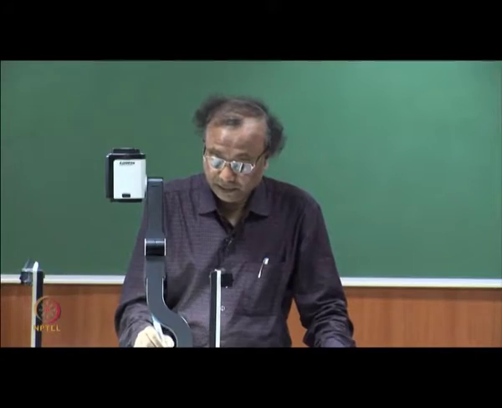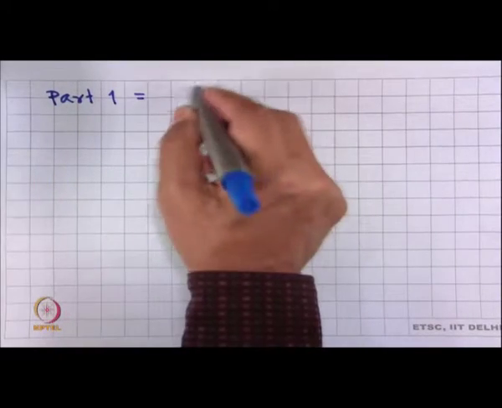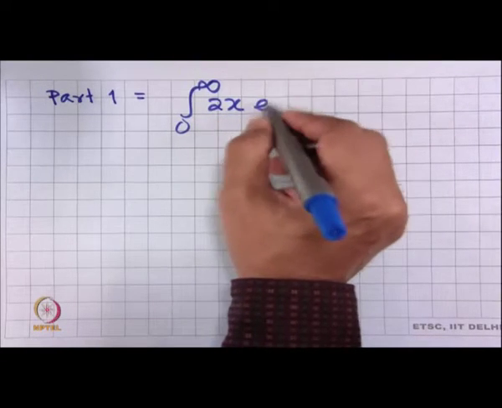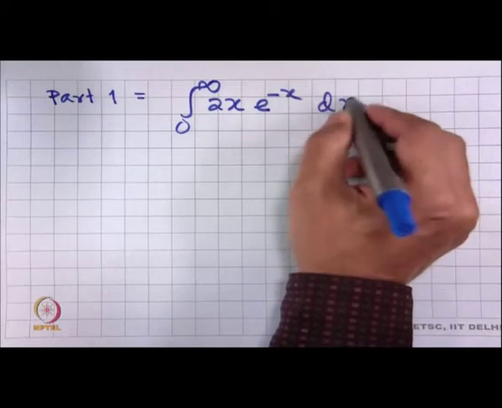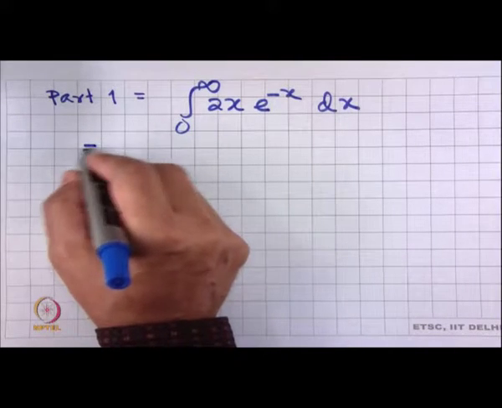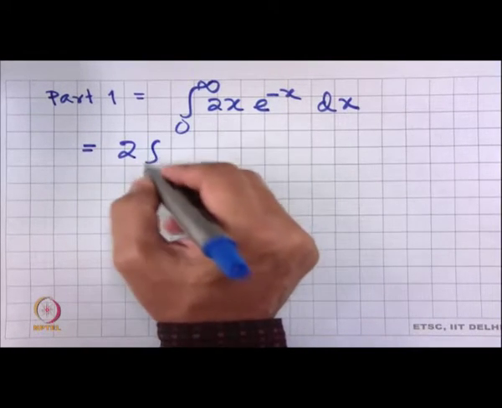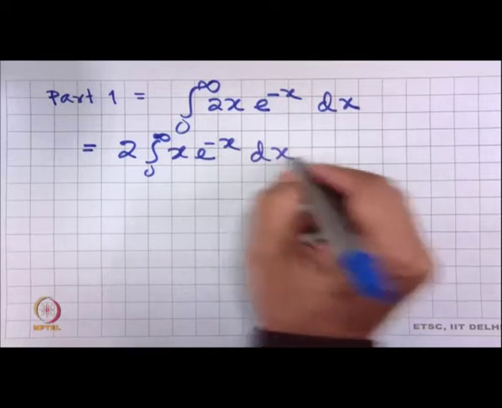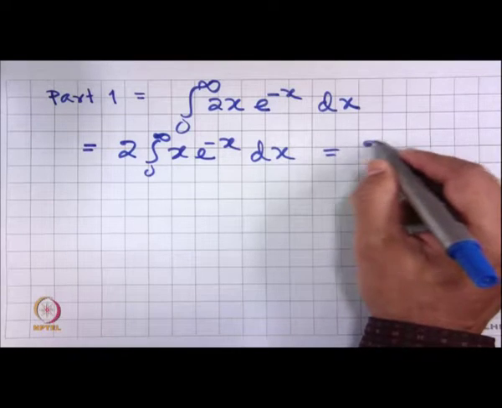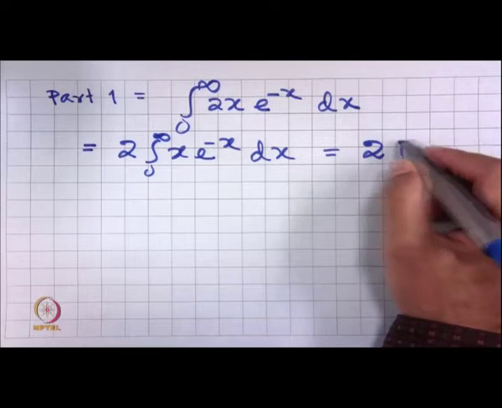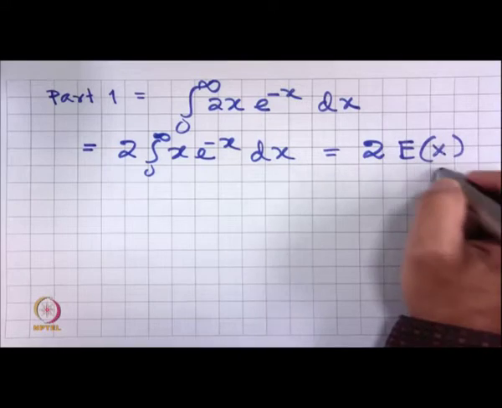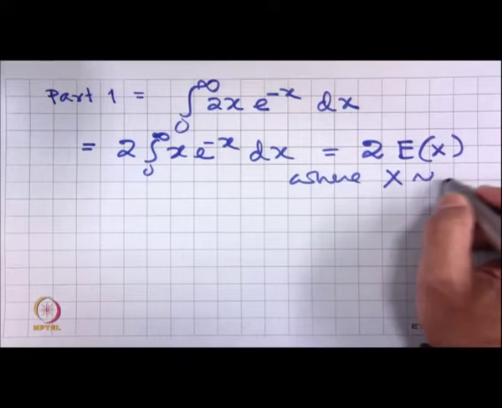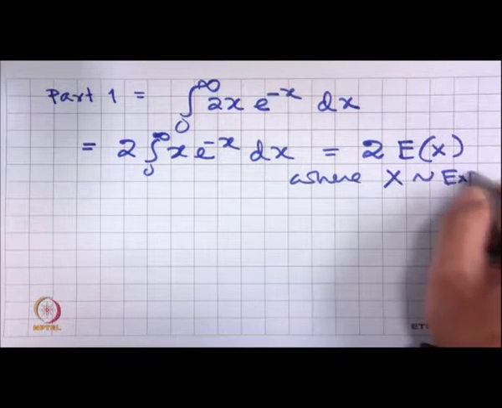So, part 1 is equal to 0 to infinity 2 x e to the power minus x dx, which is equal to 2 into 0 to infinity x e to the power minus x dx, which is 2 into expected value of x, where x follows exponential with 1.